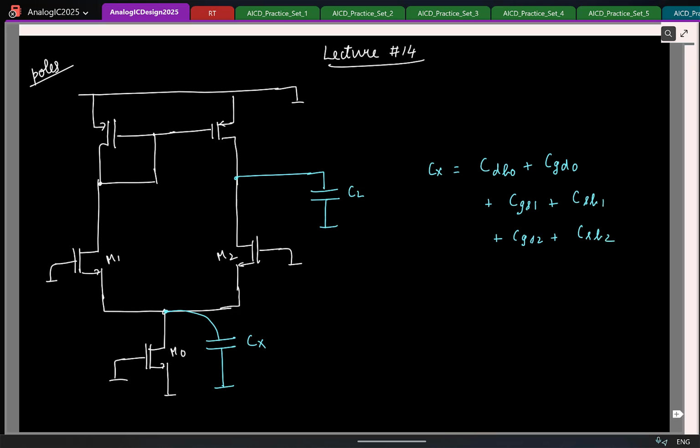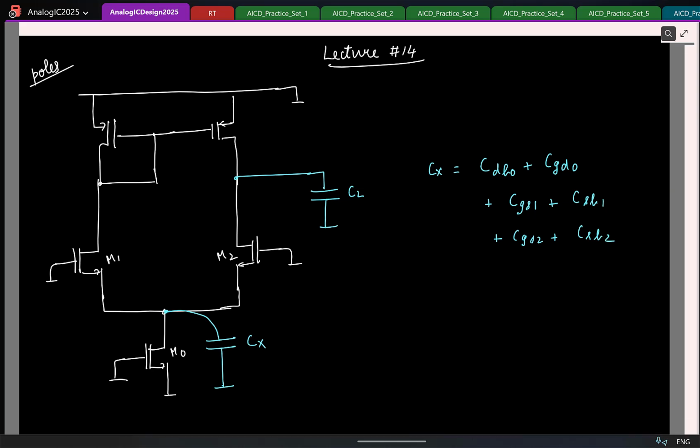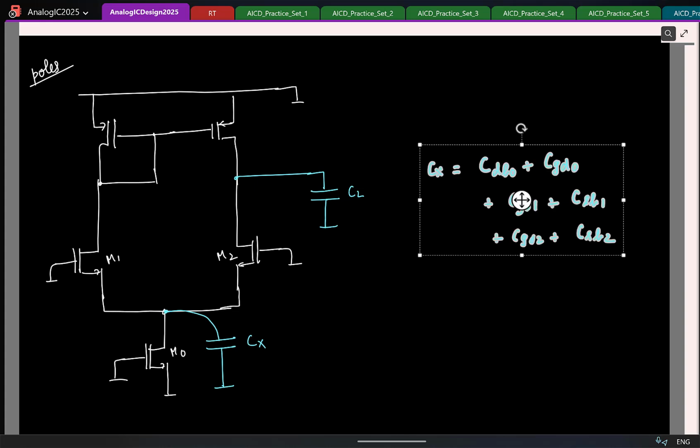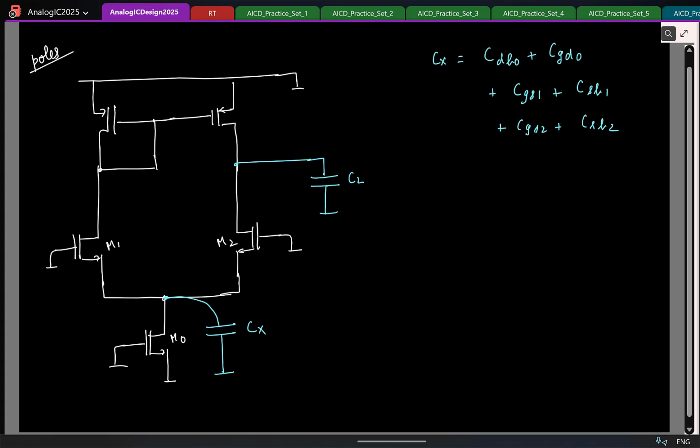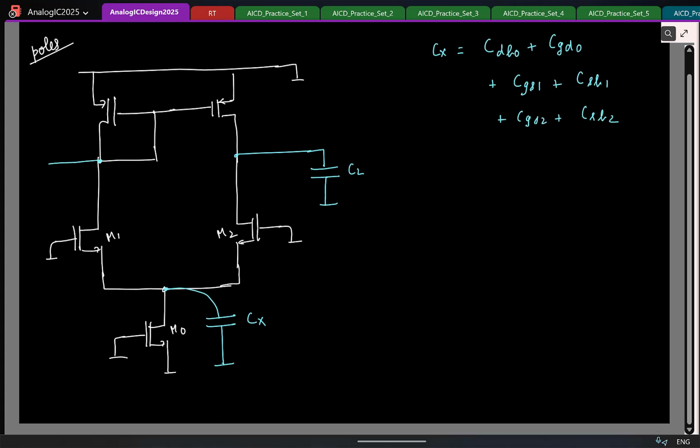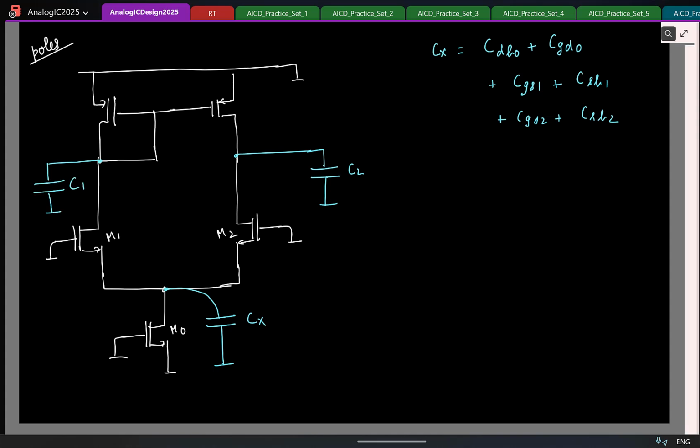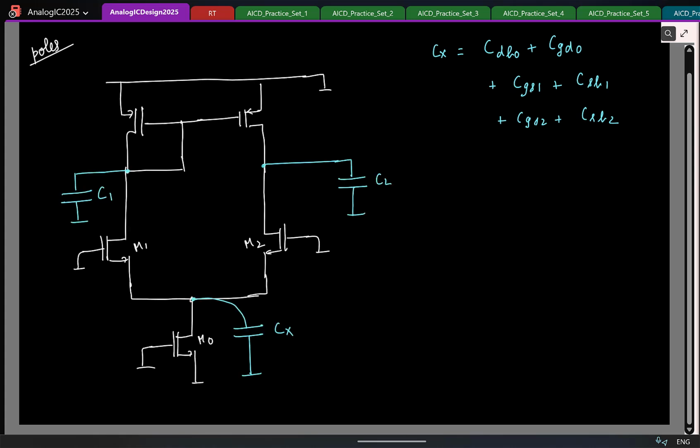We'll erase it later. Similarly, at this node I have a bunch of parasitic capacitors which I lump as a single capacitor C1. Okay. I'll erase Cx, I think that is fine.